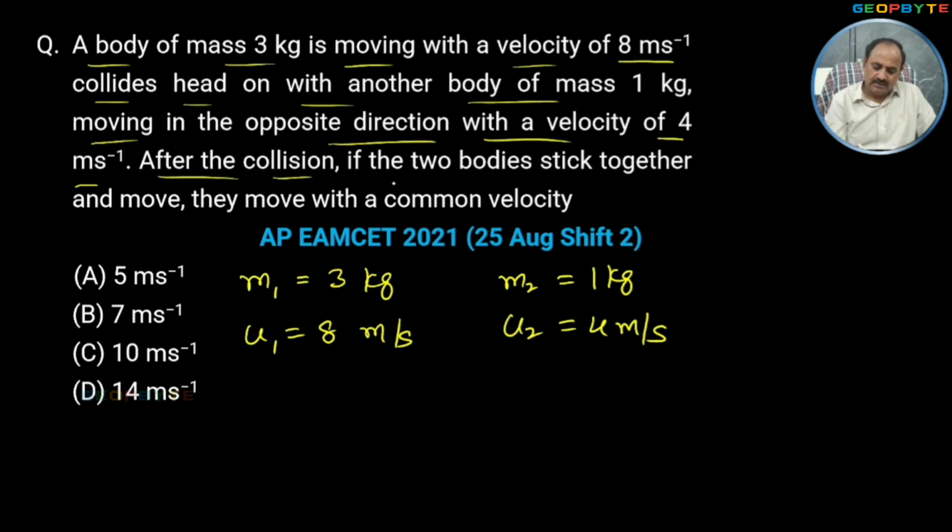After the collision, if the two bodies stick together, they move with a common velocity. So after colliding, both are sticking together and moving with a common velocity, let it be v. What is that velocity v?